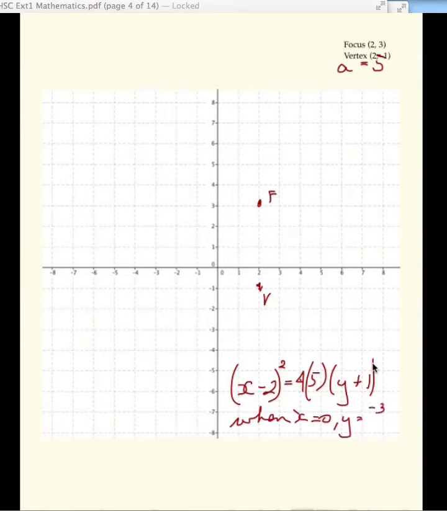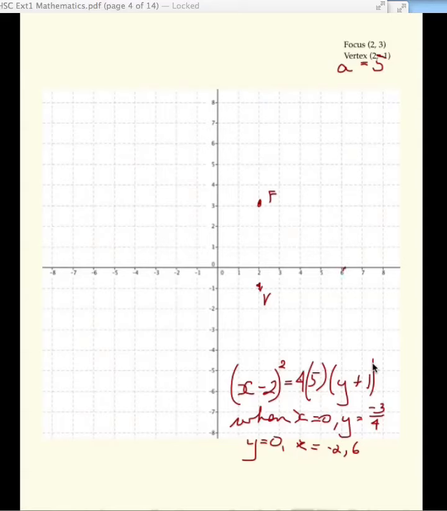Okay, so there's our first point of contact with the y-axis, and when y equals 0, we get two solutions here, as you would expect, negative 2 and 6.